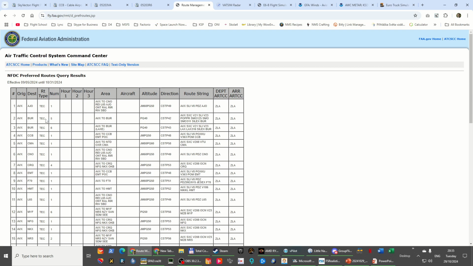Then every TEC route has some code for altitude and type of the aircraft. And I believe it was you, Christian, right, last time that was kind enough to look up these codes. P and Q are for piston aircraft, I think, and Q is for aircraft that are doing less than 190 knots.